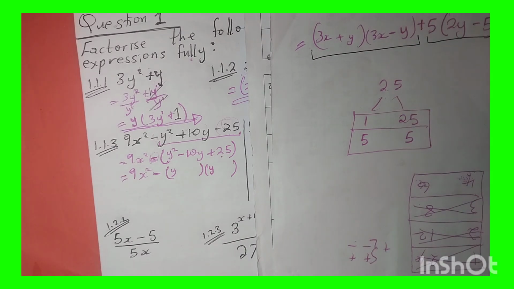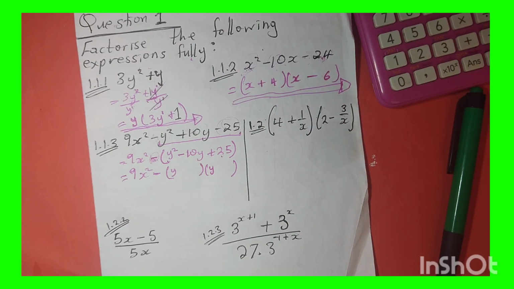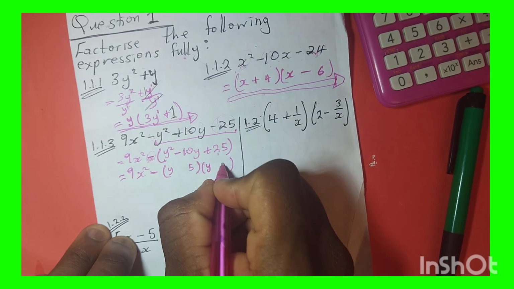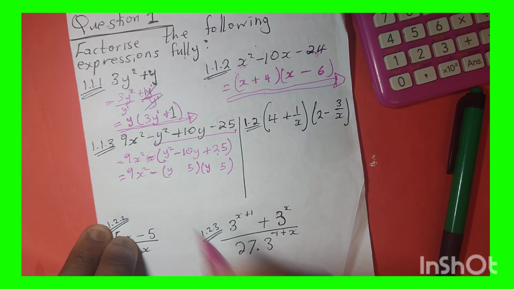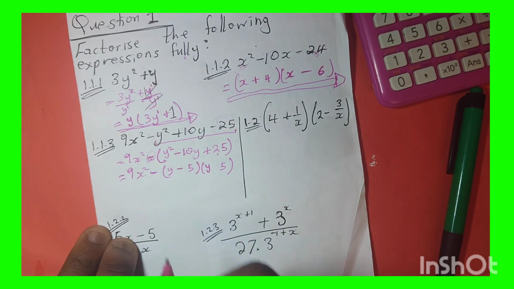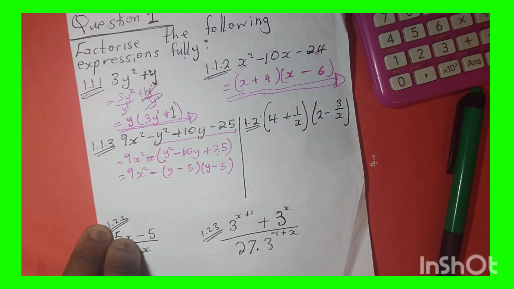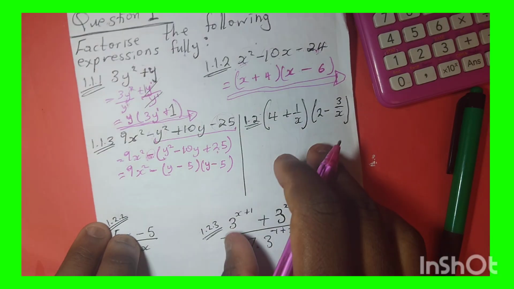Those factors are only 5 and 5. This is how you do it. You write those factors here, and then you say the bigger factor takes the sign of the middle term, negative. And when you see positive, they will have the same sign. Do you see? Yeah.